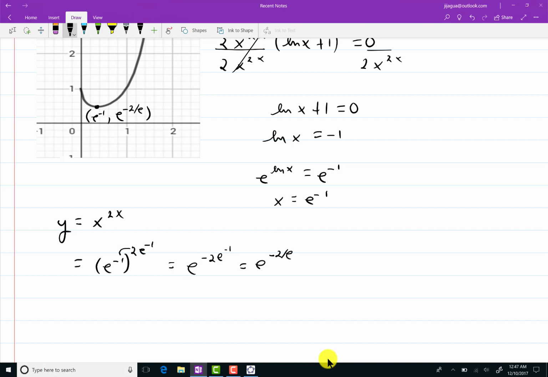And if you feel like getting those decimals, feel free. I'm just going to leave it at that. I found my lowest point. And the tangent line there is the horizontal line. The tangent line at x equal to e to the negative 1 is simply y equals e to the negative 2 slash e.